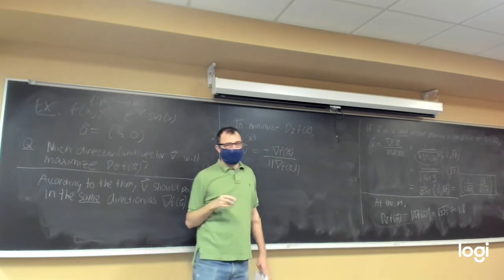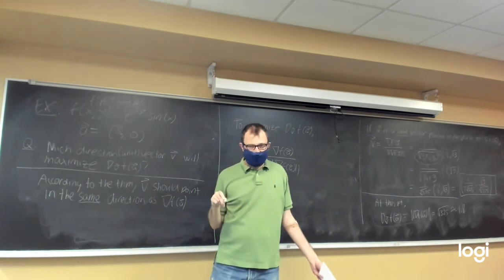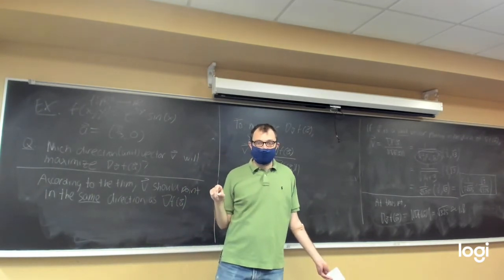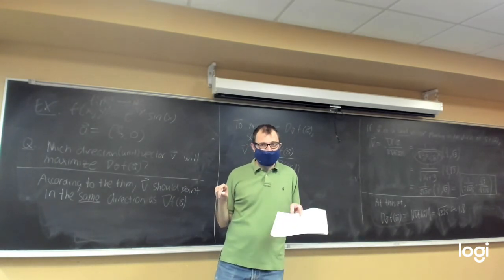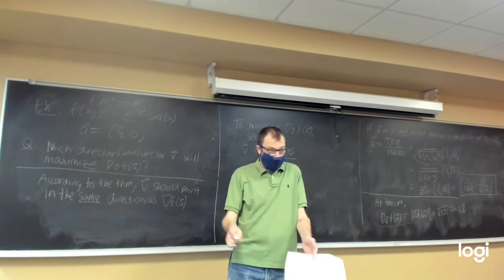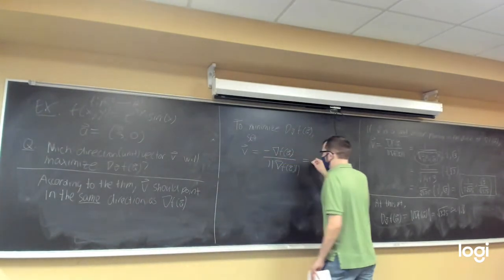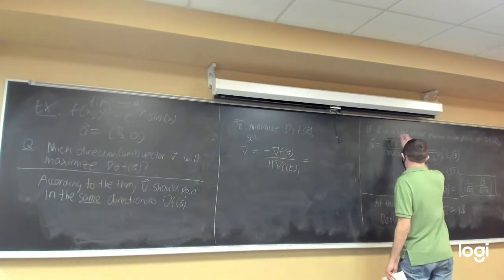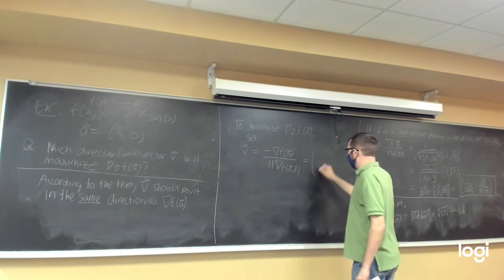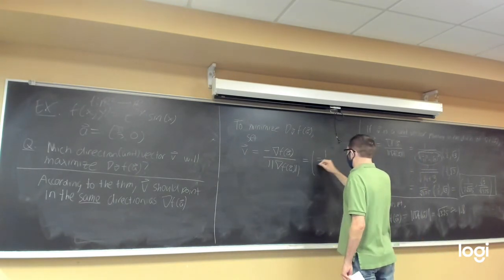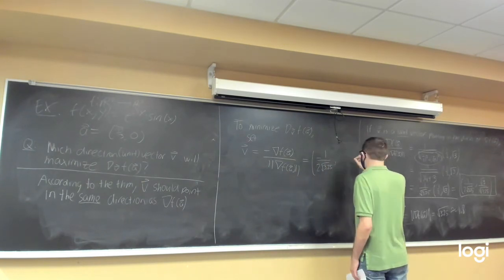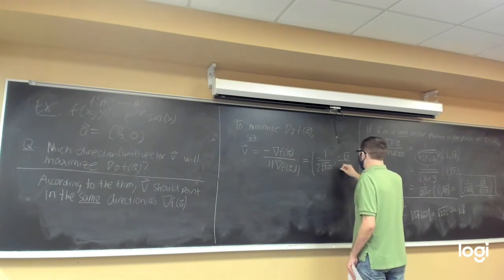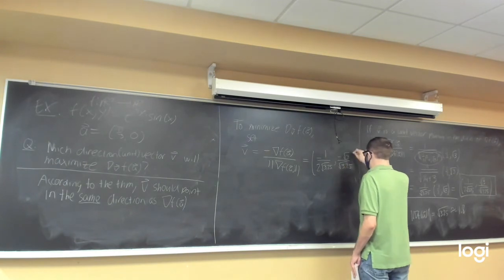And the magnitude of the negative of the gradient vector is going to be the same as the magnitude of just the gradient vector. If you multiply a vector by -1, it's still going to have the same magnitude. It'll just point in the opposite direction. Which in this case will just give us the negative of what we found here, which will be -1 over 2 square root of 3.25, comma, negative square root of 3 over square root of 3.25.